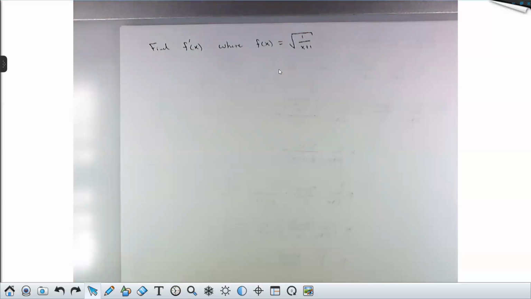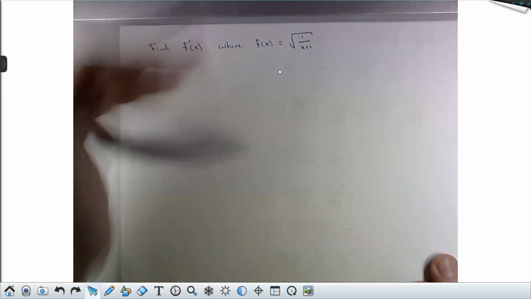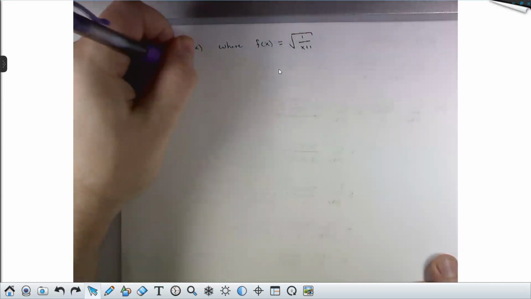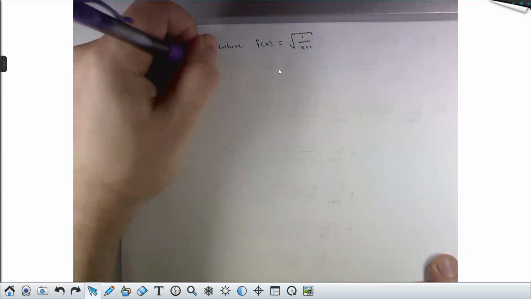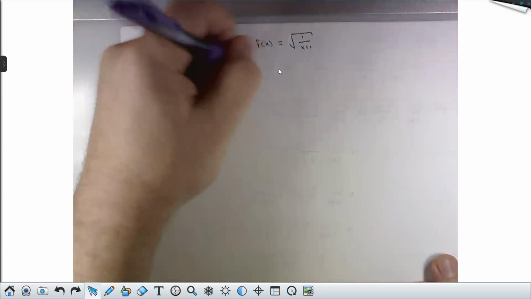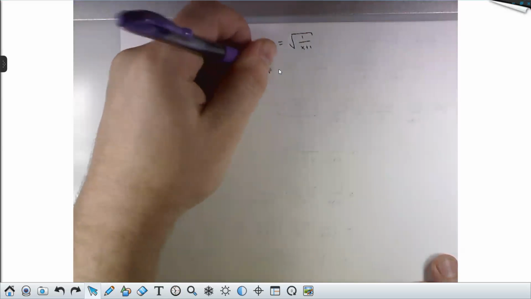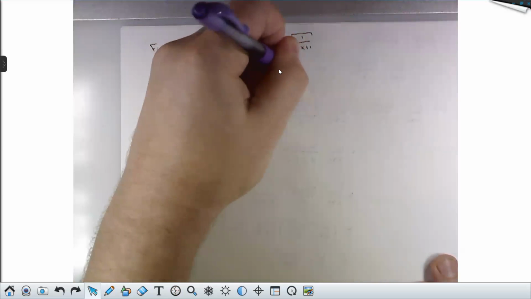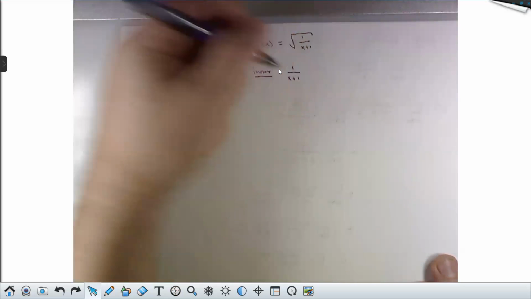And there's more than one way to attack this. But I think most people would identify the outer, at least written like this, as the square root function, and the inner as 1 over x plus 1.